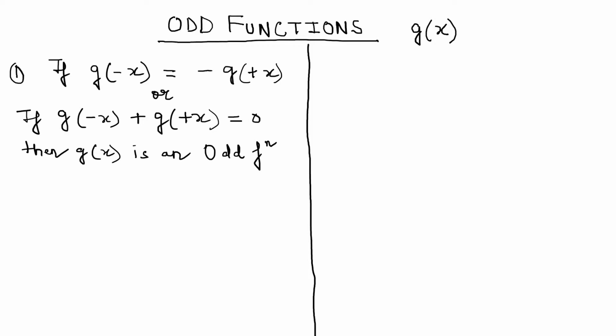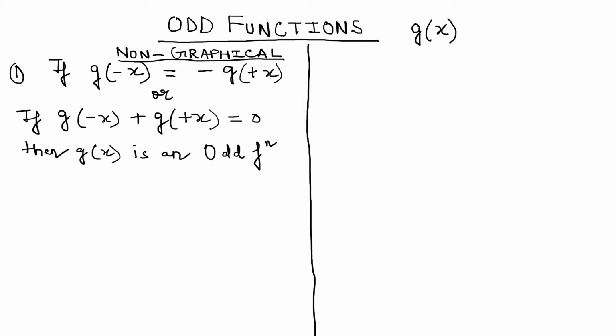Okay, and the difference that we are trying to bring forth here is that we are talking about a non-graphical presentation, a non-graph interpretation. So the definition of odd functions that we are bringing forth is a non-graphical definition.